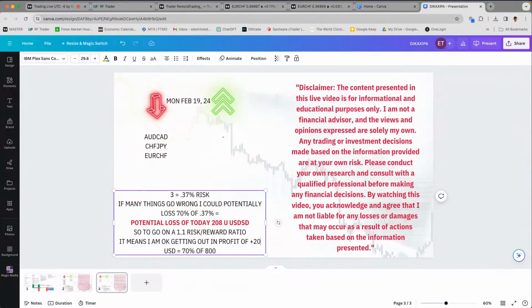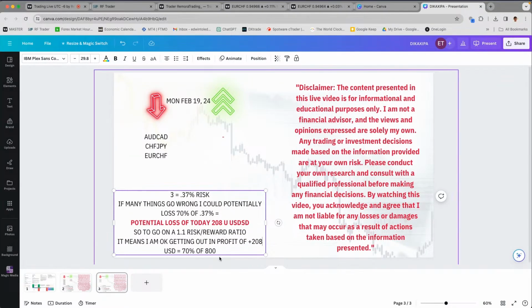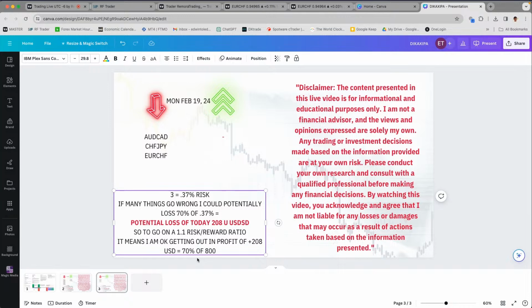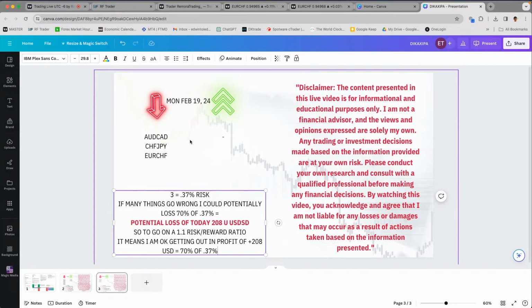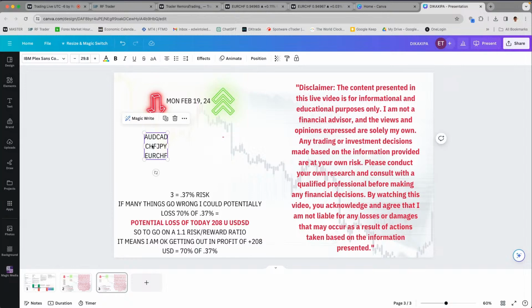So I want to go out if I see a $208 profit, and that will be 70% of 0.37%. All right. Okay. We didn't buy anything today. We just sold.